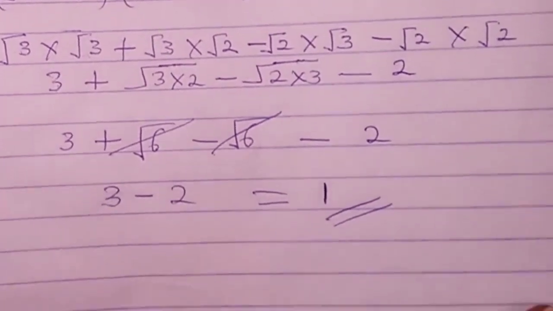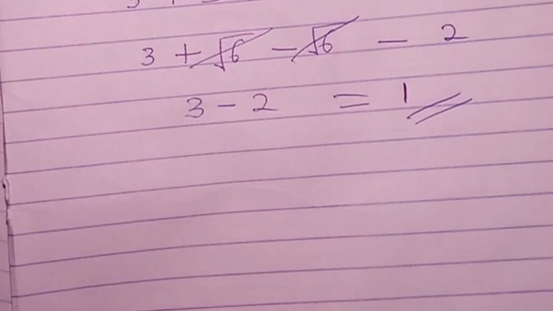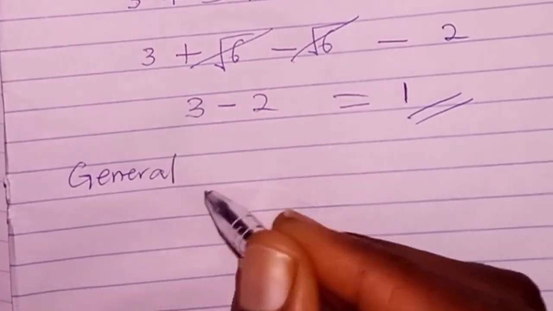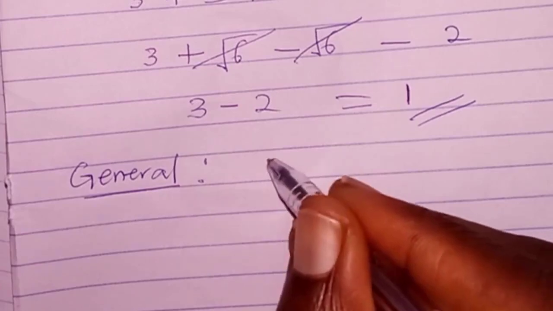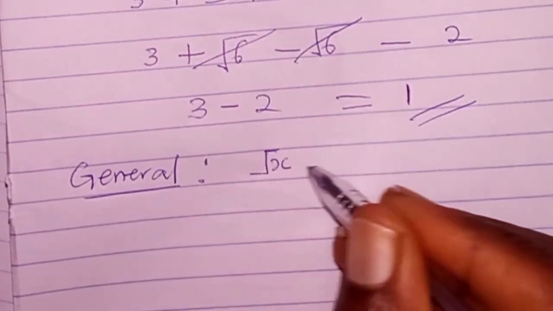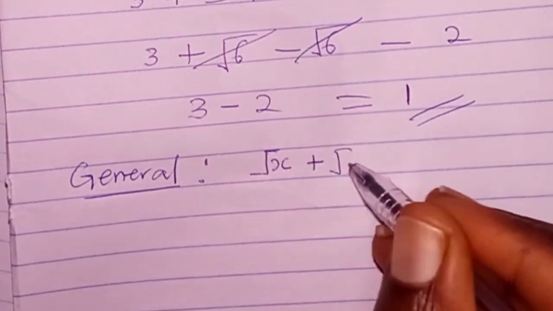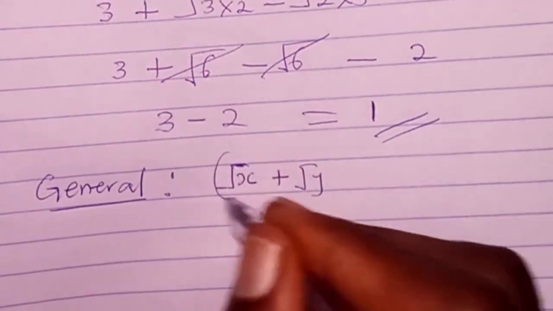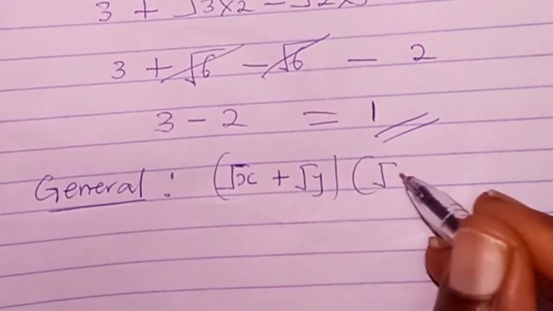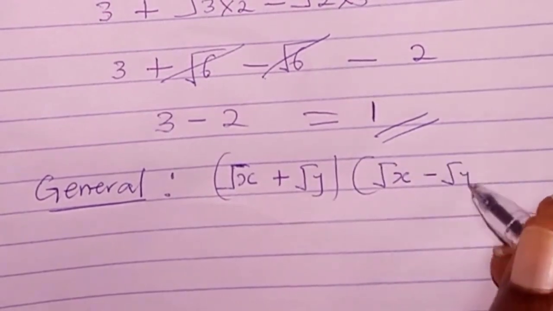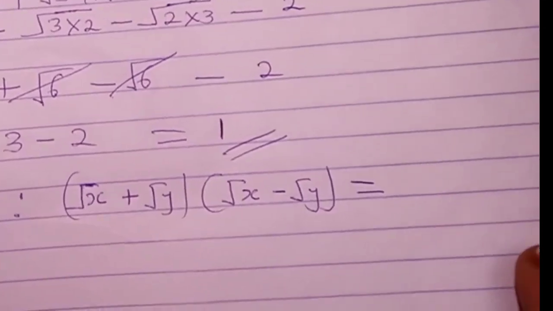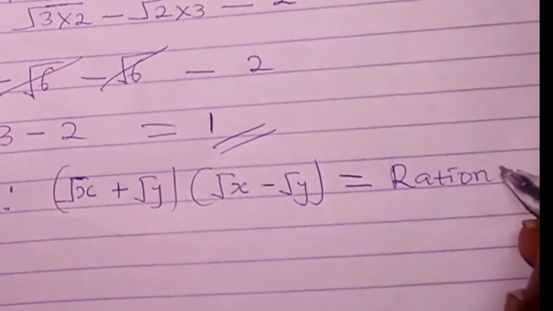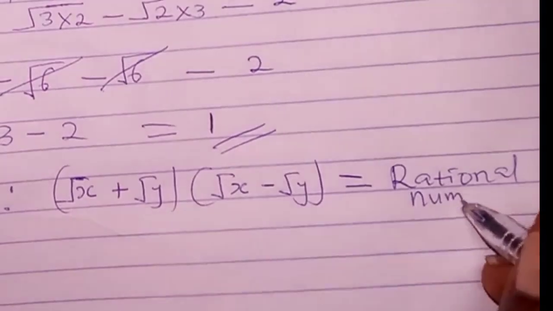In general, from what we have solved, we can establish a rule. When I have root x plus root y multiplied by root x minus root y, the result is going to be a rational number.